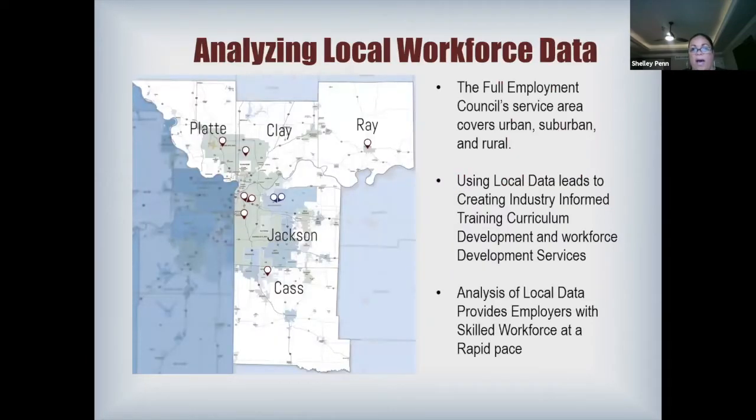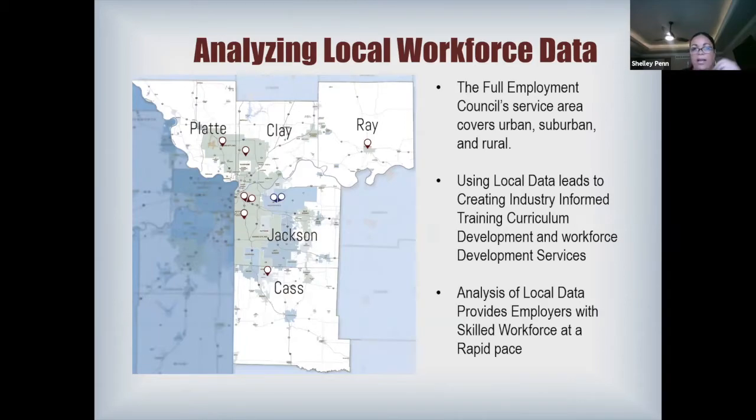What's unique about our service delivery area is that you have urban, suburban, and rural counties. And because of that, we utilize local data to help us identify our strategic sector strategies. As an example, in Platte and Clay, there are a lot of advanced manufacturing plants.